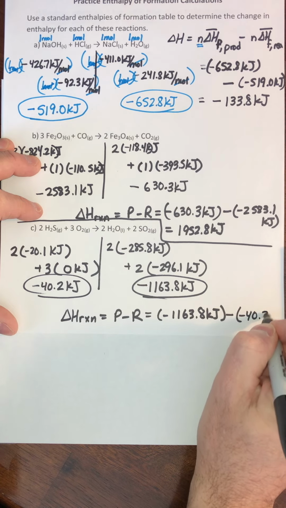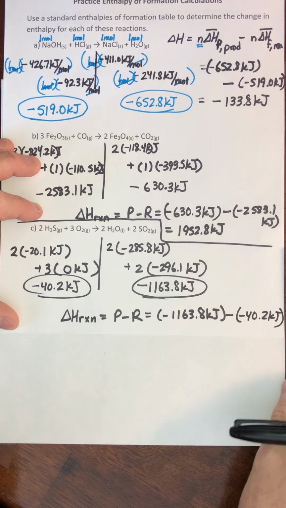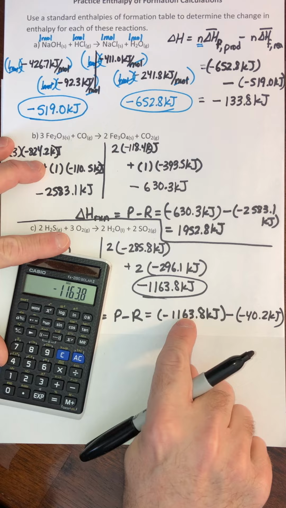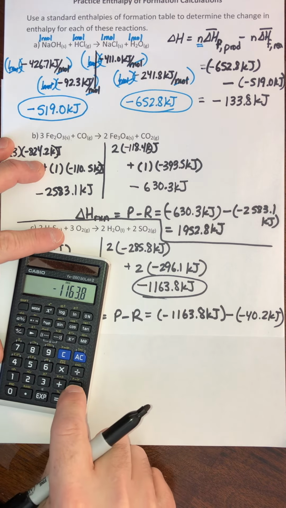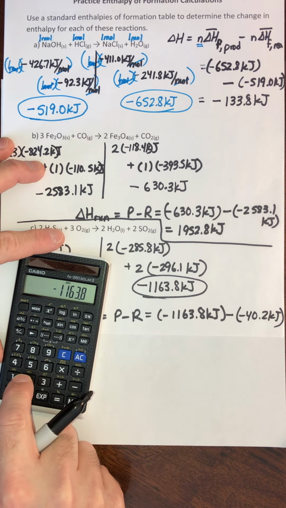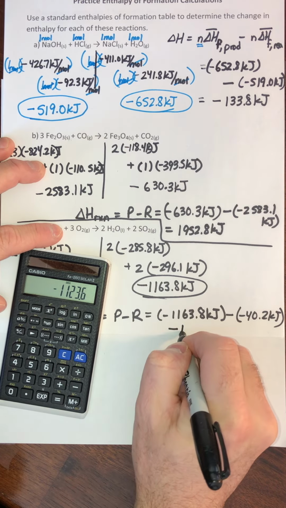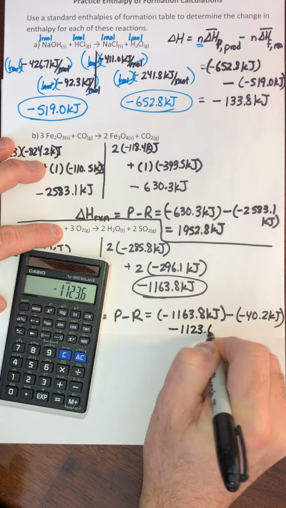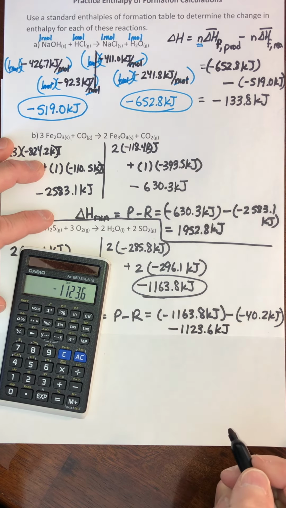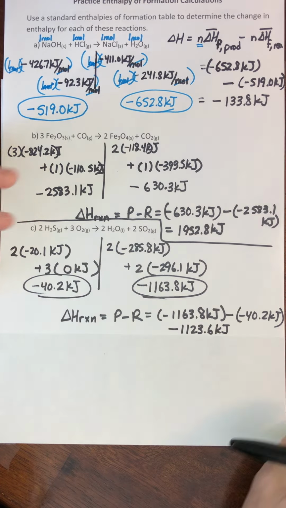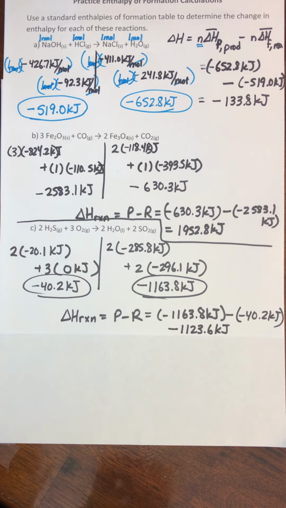That's a minus 40.2 kilojoules. And if we haul out our calculator, this number is already in my calculator. So minus a minus 40.2 gives me a minus 1,123.6 kilojoules. And that would be your answer. That's how you use heats of formation to predict the amount of heat associated with a chemical reaction.